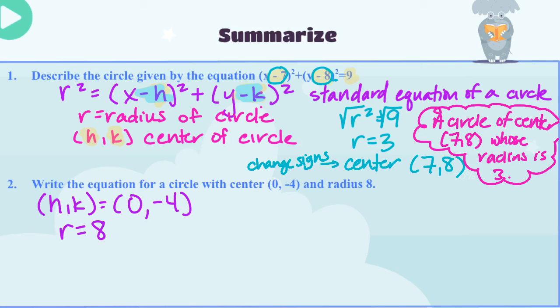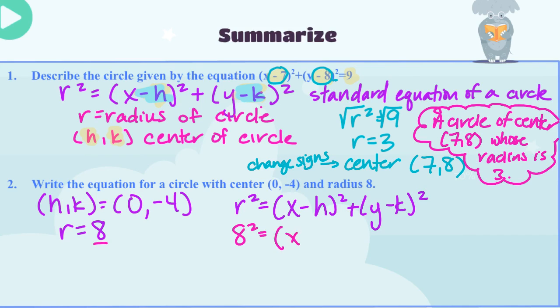If we have our standard equation of the circle, r² = (x - h)² + (y - k)², we can replace r with 8, we can replace h with 0, and we can replace k with -4.